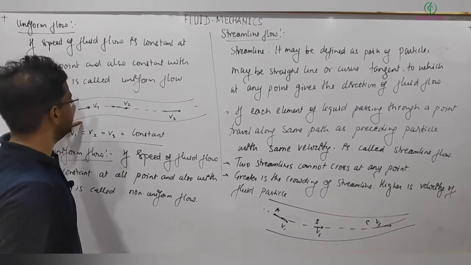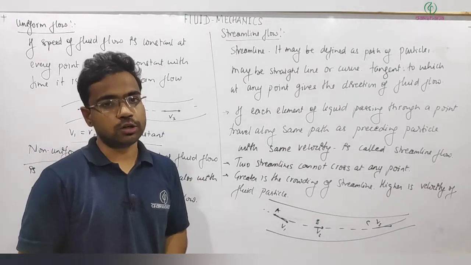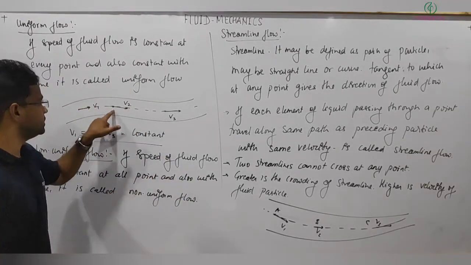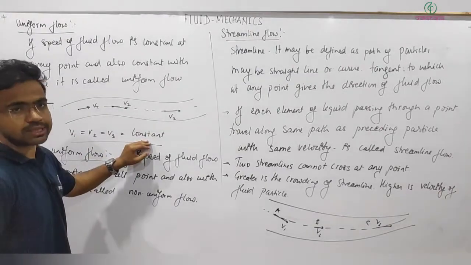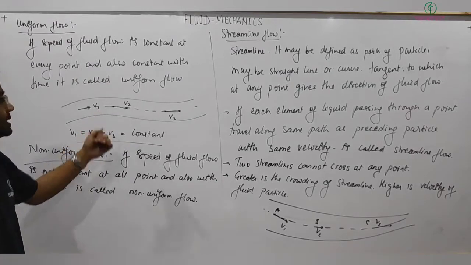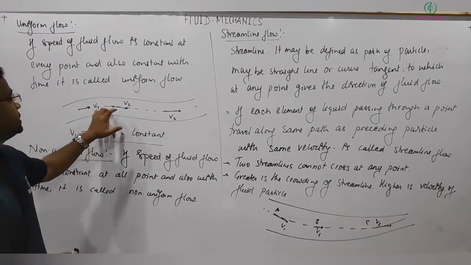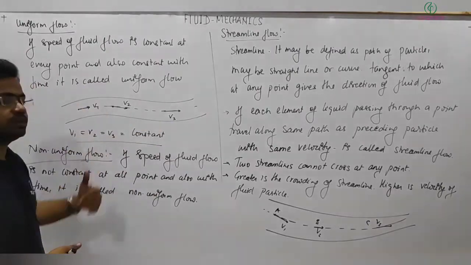This normally happens when the cross section of the pipe is constant. In that situation, this velocity will be equal, and that will be constant with time also. That is called uniform flow. Non-uniform is just the opposite of that. Velocity at every point is not constant, at any point it's different, and it's changing with time also.